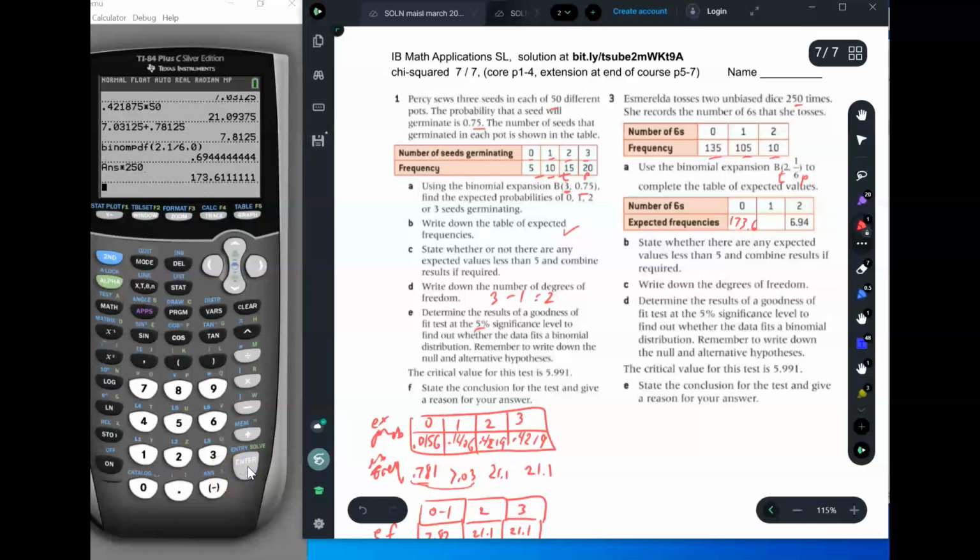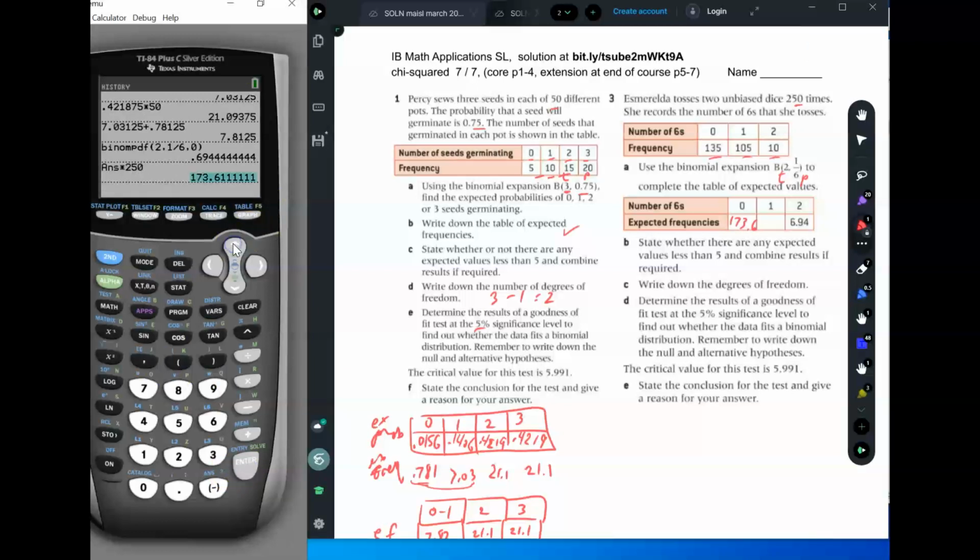Okay, and then I'm going to do the same thing with x equals 1. So I just copy this here, and I'm going to change the 0 to a 1. And the answer is 0.2777, and I'm going to multiply that times 250 to get the expected frequency.